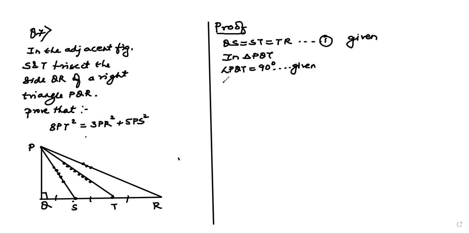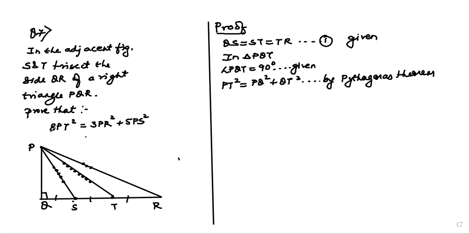So by Pythagoras theorem, what will come, dear? PT square equals PQ square plus QT square. What's the reason, children? By Pythagoras theorem.